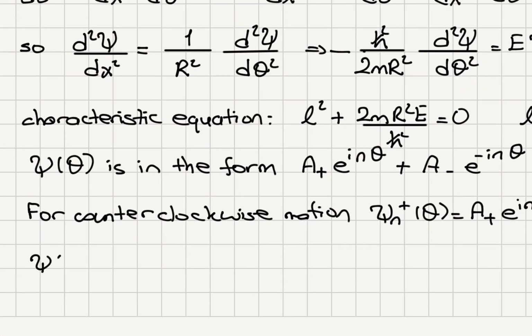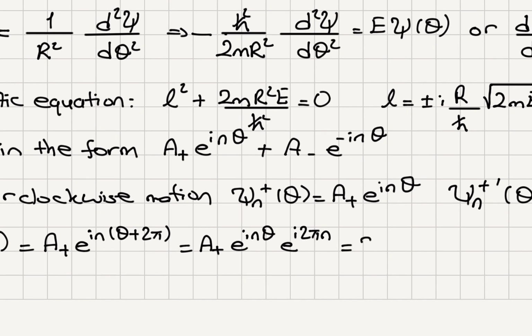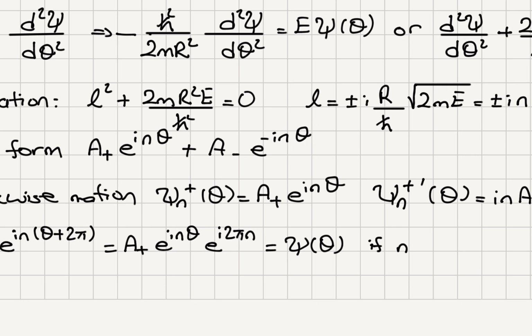Psi of theta plus 2 pi, which means x goes from x to x plus 2 pi r, is equal to a plus e to the i n theta plus 2 pi, which means this is a plus, the normalization constant, e to the i n theta e to the i 2 pi n, that is equal to the wave function itself if n is an integer.